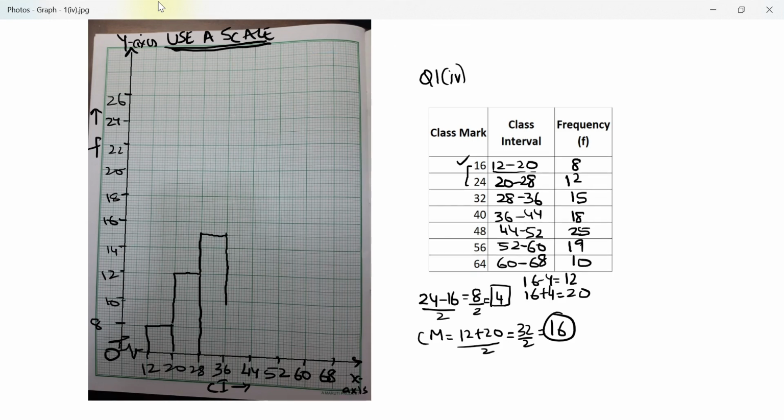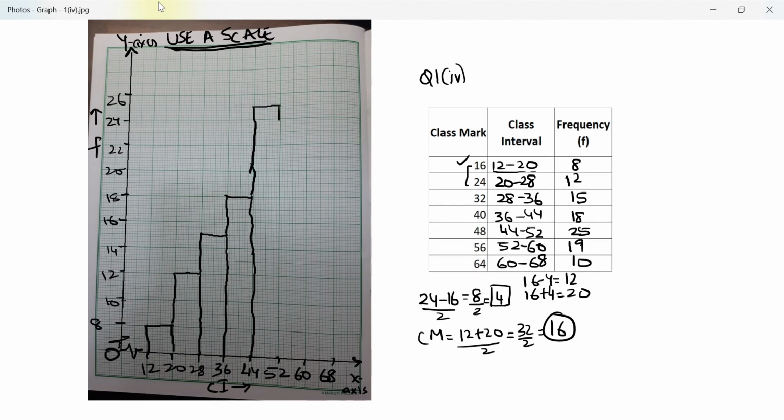Perfect. And then the next one is 18, which is here. And I plot 18. I'm repeating, the histogram is not looking so good because I'm not using a scale. And the next one is 25, which is the tallest building here. Again, we discussed histogram.